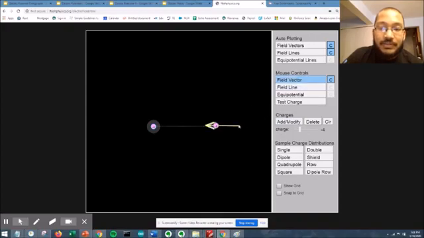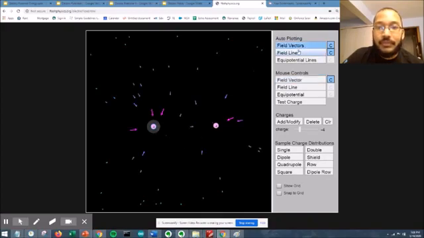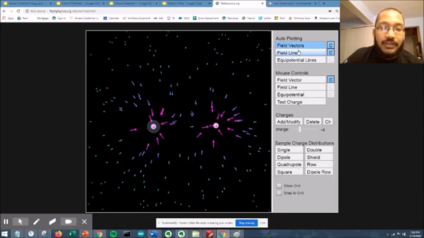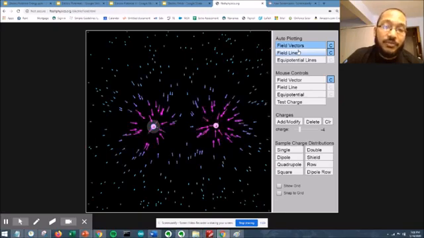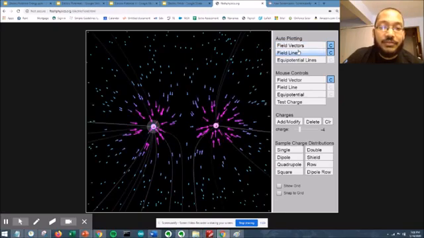So you can see the closer one dominates. Actually, they're pointing in the same direction here. And over here, they're pointing in opposite directions. So that's why the net field is down. And over here, the net field is up. So those are the field vectors basically pointing away from them. And the field lines kind of show you the shape.